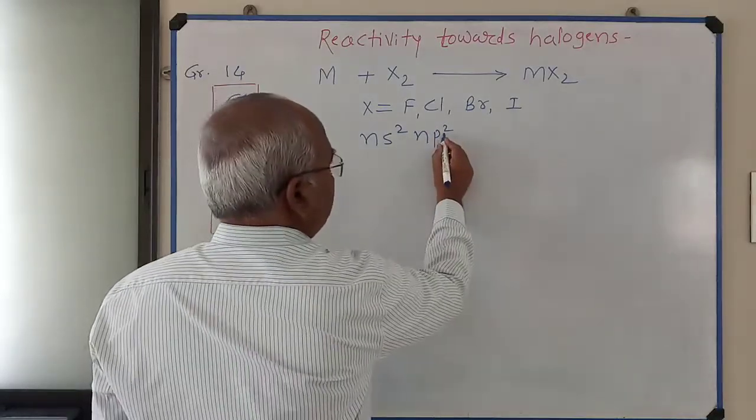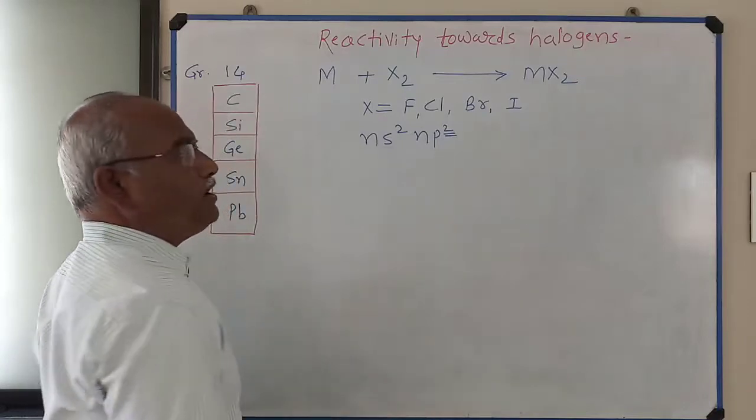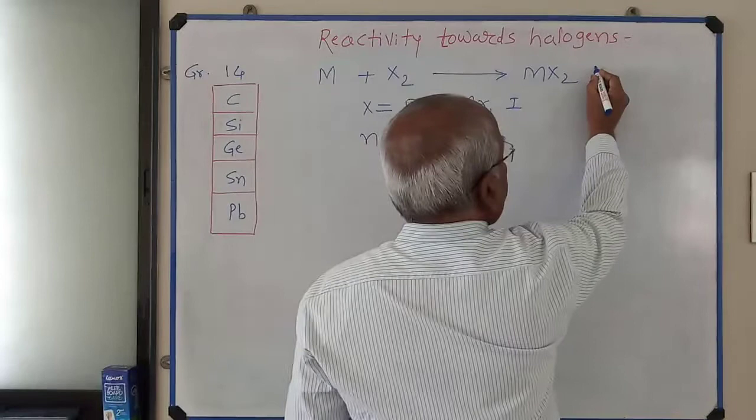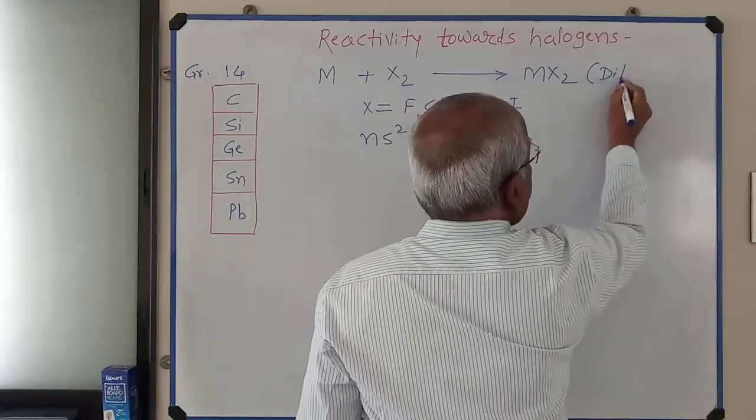When these two electrons take part in bonding, they form dihalide. This is dihalide.